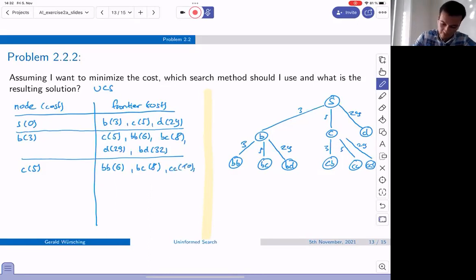Then we have D from the previous step, which is 29. We have BD from the previous step, which is 32. And we have CD here, and this is 29 plus 5, which is 34.